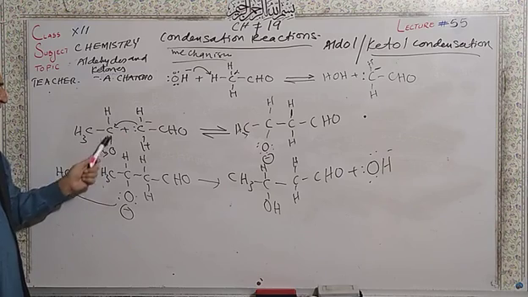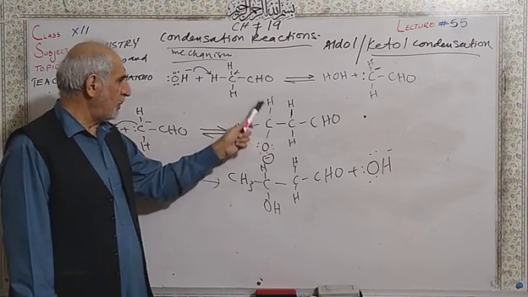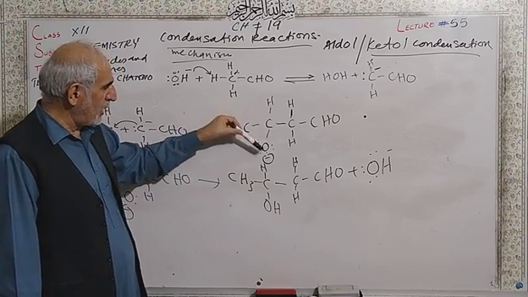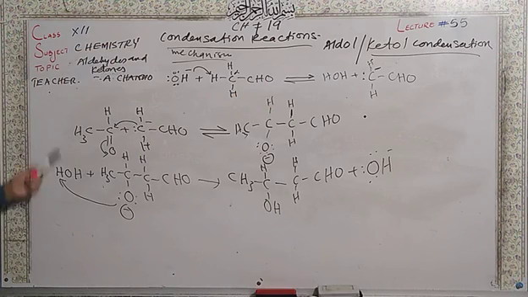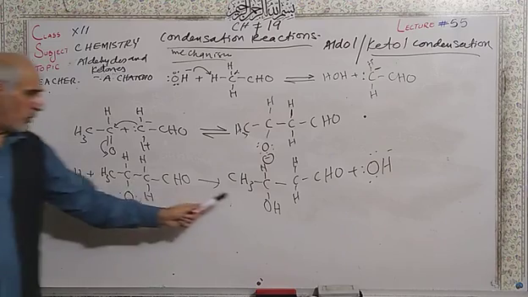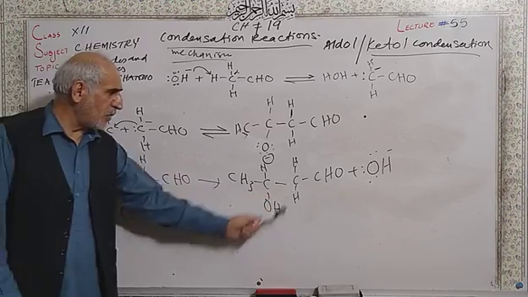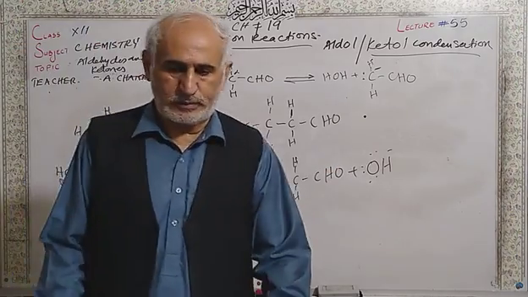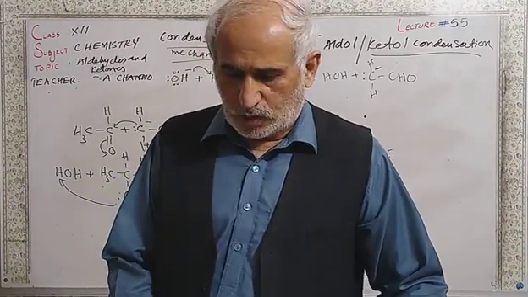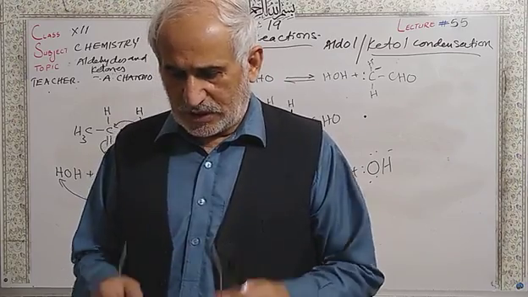This bond is removed, a negative charge is created, and the valency of this oxygen is not satisfied. CH3, CH, this is the oxygen which has a negative charge. CH2, and this is the aldehyde. Then the hydrogen proton from water is added to this oxygen to make the alcohol group. Valency of this carbon is satisfied, aldehyde is there, and the catalyst is removed. So these reactions are called aldol condensations.